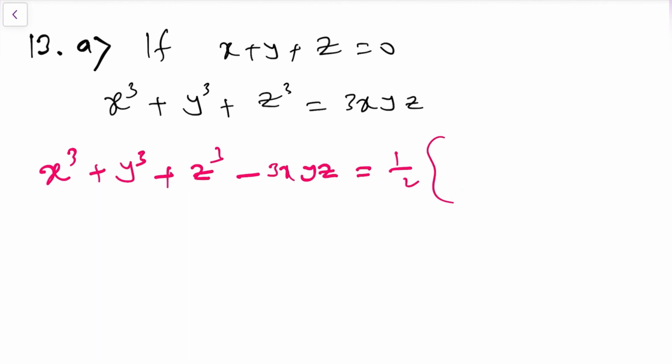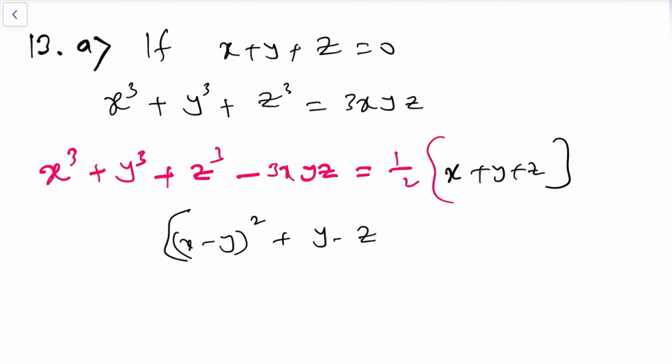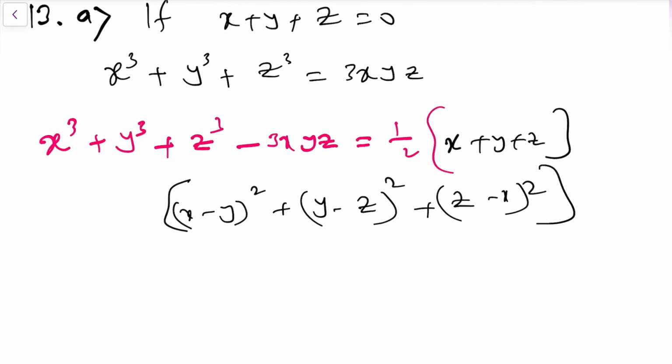x plus y plus z, right? This will come later again. Half into (x plus y plus z) into (x minus y) whole square plus (y minus z) whole square plus (z minus x) whole square.